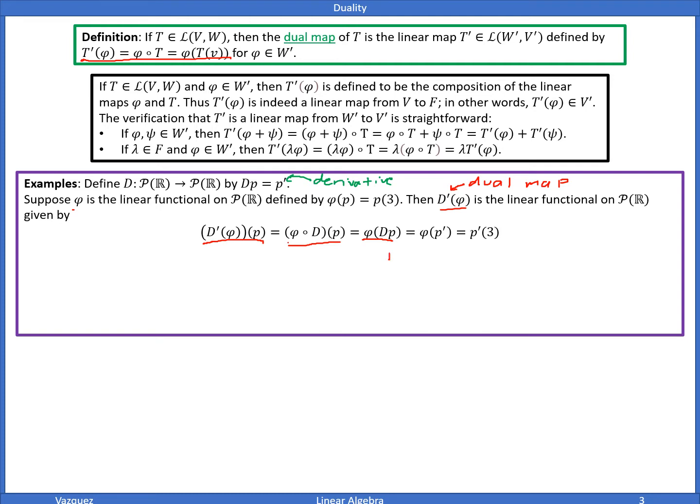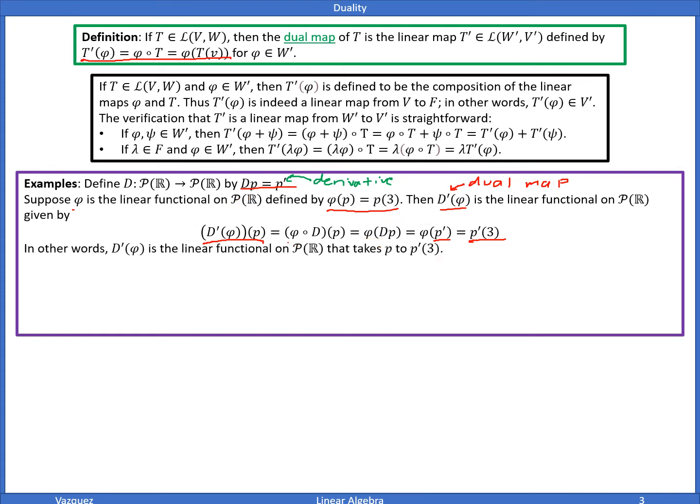And what do we do here? Well, we have it from over here, right? This is what it's telling us. Take the derivative. So we take the derivative, it gives us p prime. And now the linear functional tells us what? That's from over here, to plug in 3 into that new polynomial. So we plug in 3. So what did we do? This dual map simply took the derivative of the polynomial and then just plugged in 3.